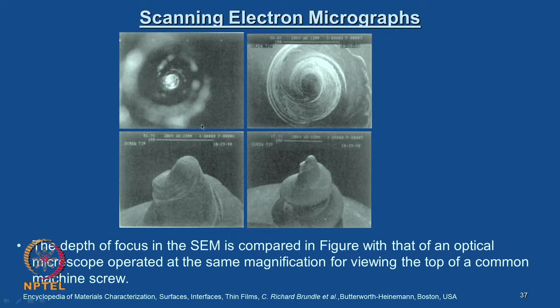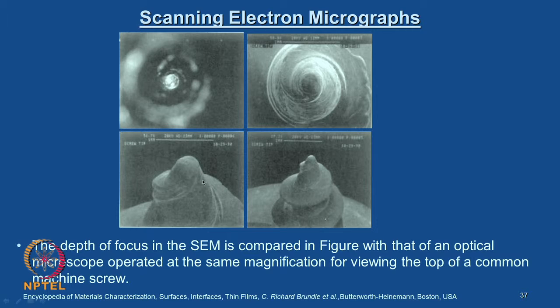You can see that in an optical microscope you do not see any of this detail when you look at the screw from the top, while you can see all the circular details of the screw in the SEM. C and D are taken from the sides of the screw.